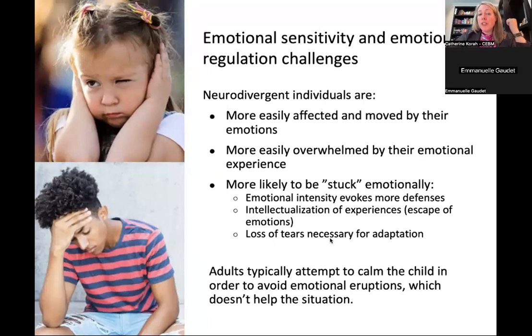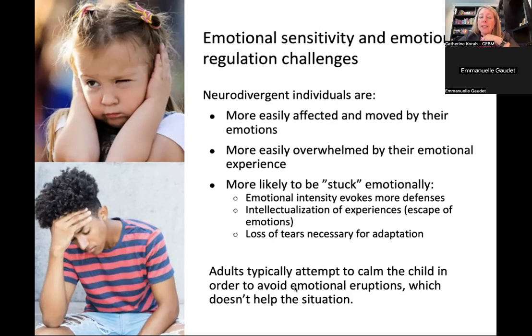These are also often children and adolescents who have a hard time finding their tears, because the tears tend to be quite vulnerable and overwhelming, and it's not an experience that is comfortable for a child who experiences things intensely. When you lose those tears and you're stuck emotionally, it is difficult to manage an emotion that you are not feeling and are stuck in. And that's when behavior comes out left, right, and center.